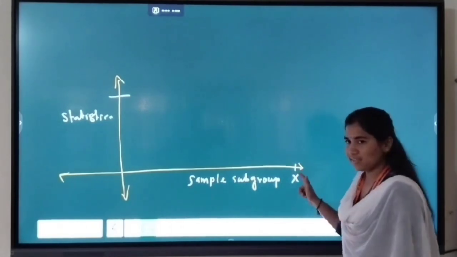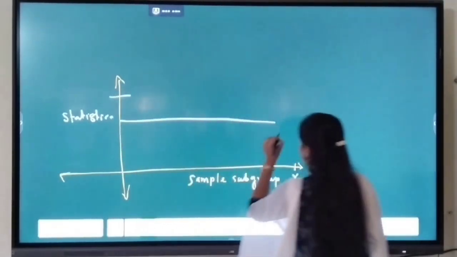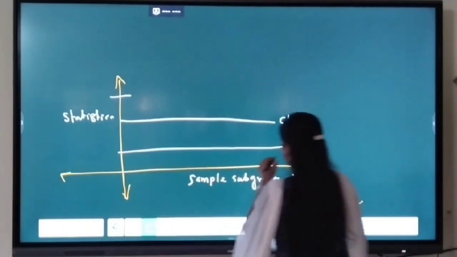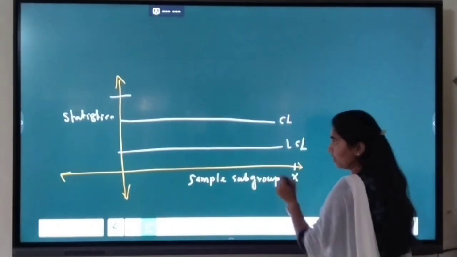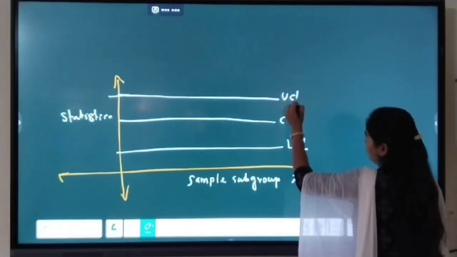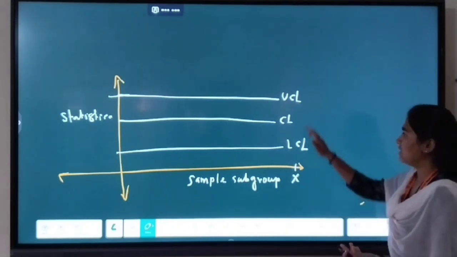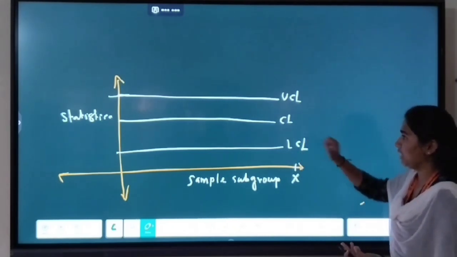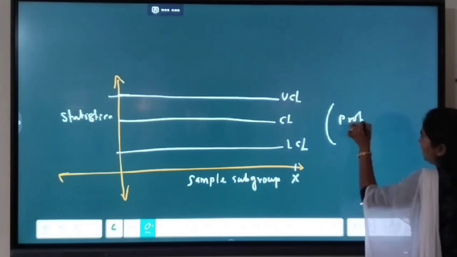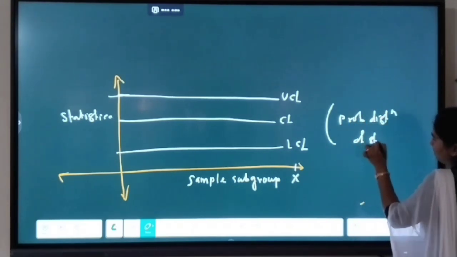Parallel to the x-axis, we draw three lines. First one is CL, the central line. Next one is LCL, the lower control limit, and this is the UCL, known as the upper control limit. These three lines are calculated by using the probability distribution of the statistic.